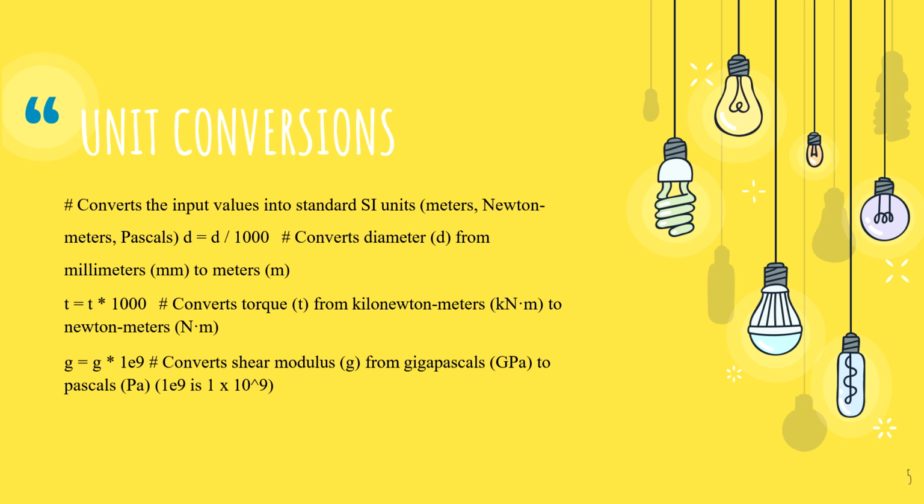We have to convert the diameter from millimeters to meters, the diameter divided by 1000, the torque from kilonewton meters to newton meters, the torque times 1000, and then the shear modulus from gigapascals, GPa, to pascals, G times 1 times 10 to the 9th power.